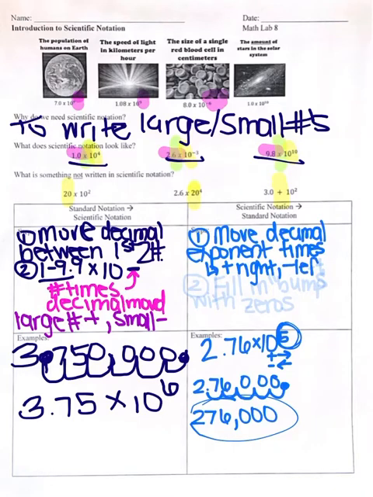Negative means we go to the left. The second thing we want to do is fill in the bumps, in quotes, with zeros. And that's how you convert your number from scientific notation back to standard notation.